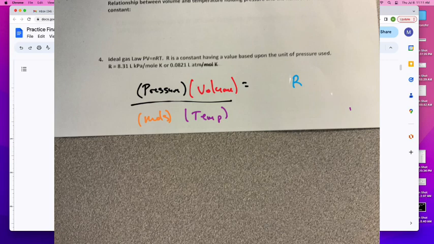What units do you measure pressure in? ATM, which of these two numbers has ATM associated with it? Second. The second one, so there's ATM. Volume. How do we measure volume? Liters? There's our liters. Notice pressure and volume are located where in our relationship?